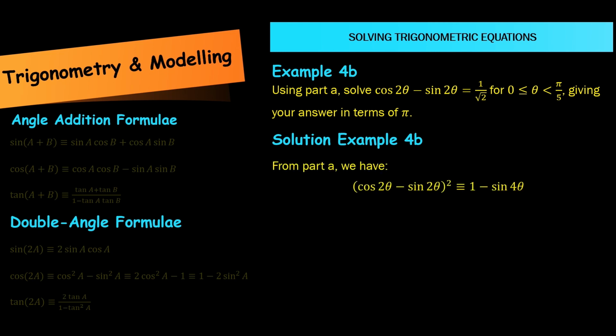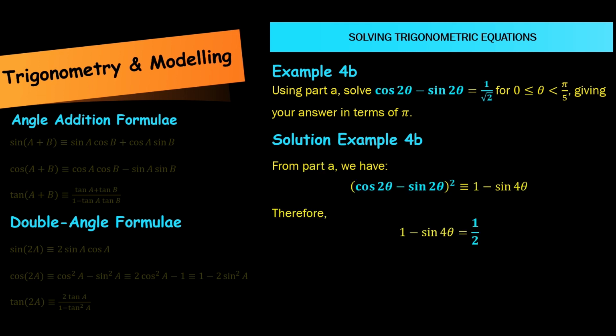From part A, we have this identity. Notice that what we're required to solve does appear in this identity, and so we can replace cos 2 theta minus sine 2 theta all squared by 1 over 2.